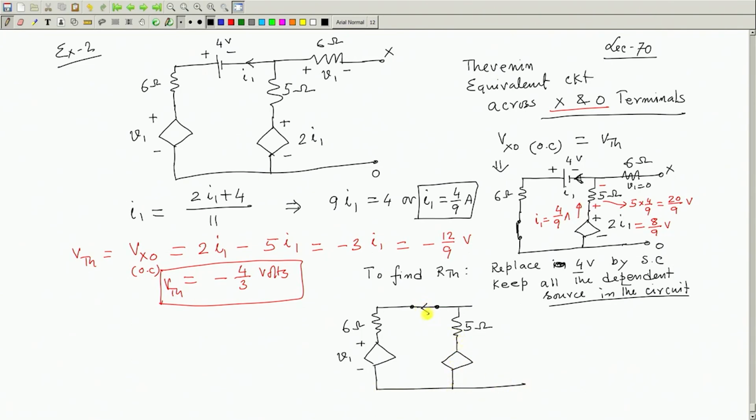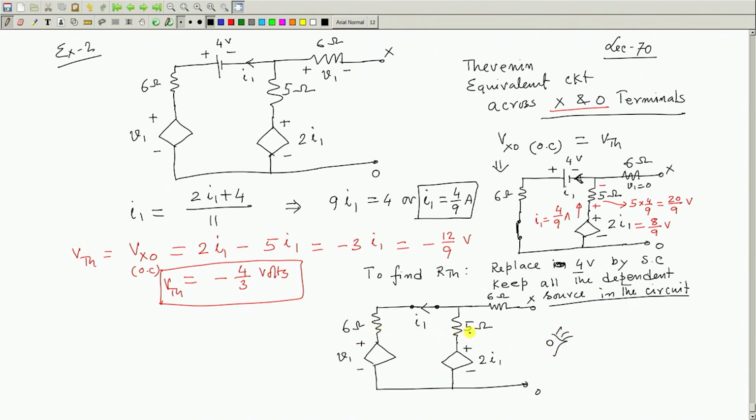If this current is I 1, this voltage, as given in the problem, is 2 I 1, and then there is a 6 ohm resistance, and I have to calculate the R Thevenin's looking from XO of this network.